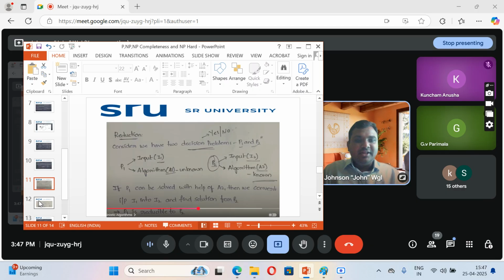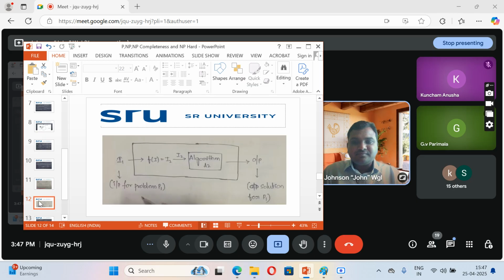You can see this architecture. I1 is the input of P1, using some function f of I we convert it to I2, then algorithm A2 works on I2 and we get the output, the solution.